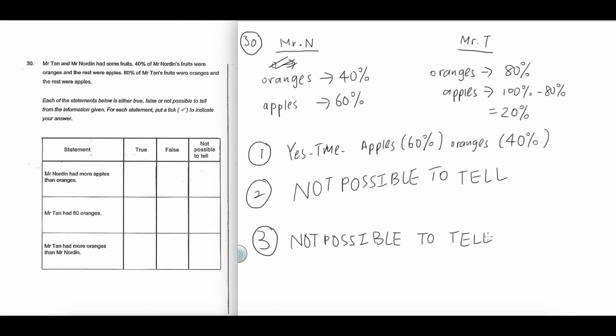So that's the end of Booklet B. And I hope you guys understand. This paper is not too hard, but you all need to practice and practice and practice. Cover, redo, until you can get full marks.